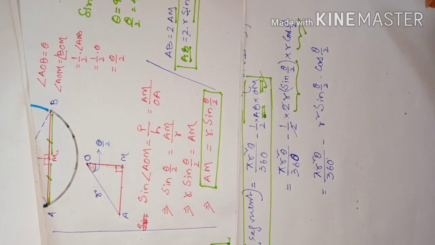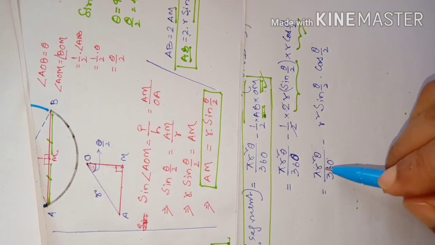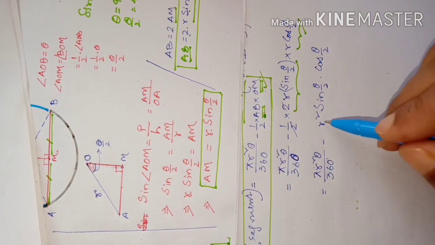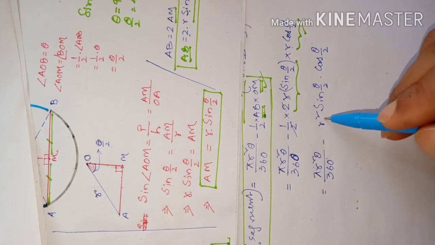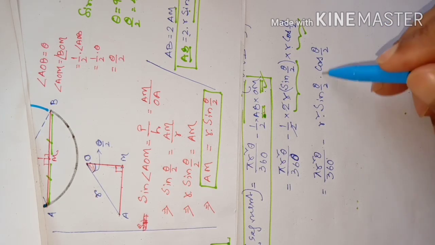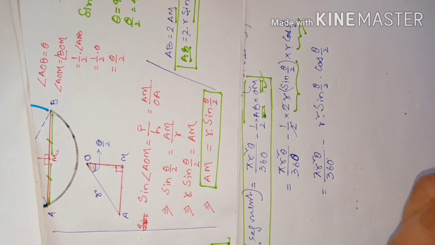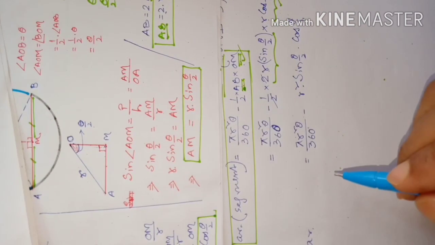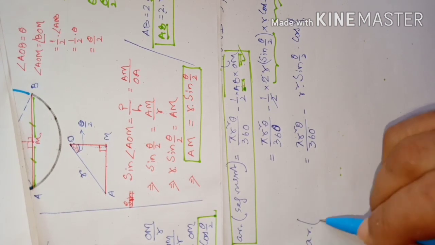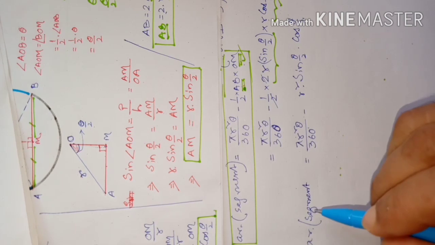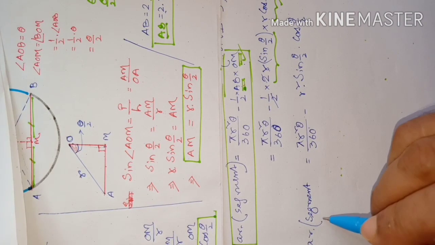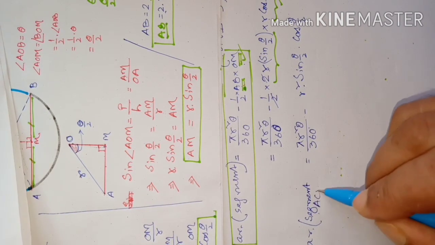Dear students, we learned here pi r square theta by 360 minus r square, because this r into this r, square into sin theta by 2 into cos theta by 2. So that is area of segment. Don't forget the left hand side part of this whole expression. Area of segment, whatever the name of the segment you give here, say area of segment ACBA.